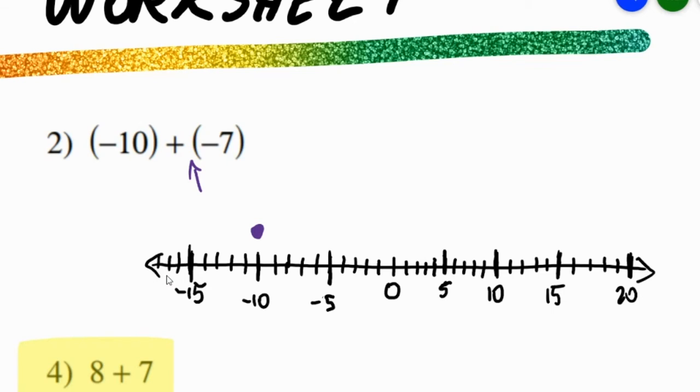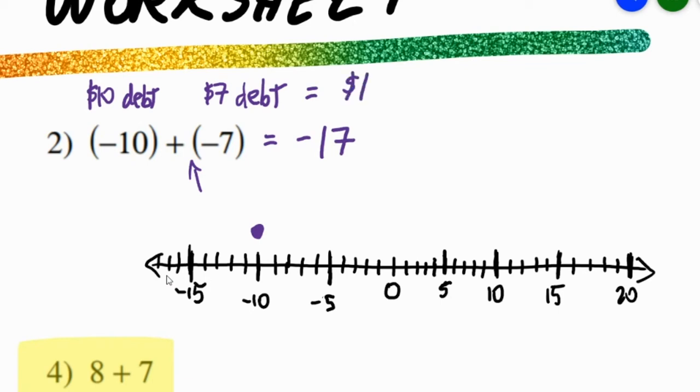And if you think about it, if you think about this as being $10 in debt, and you take on an additional $7 in debt, well, then your total is going to be $17 in debt.